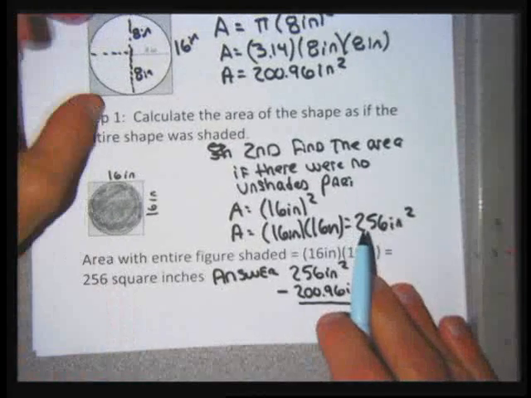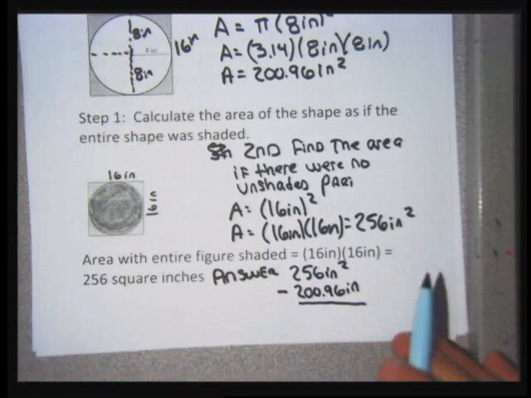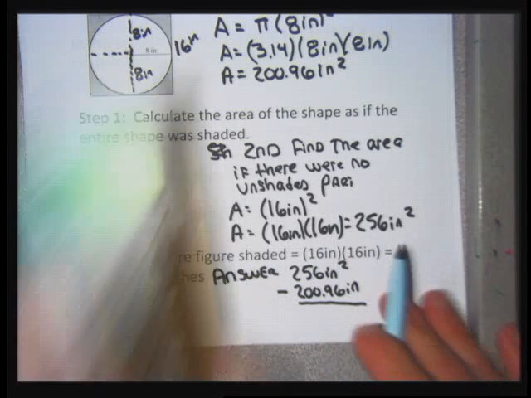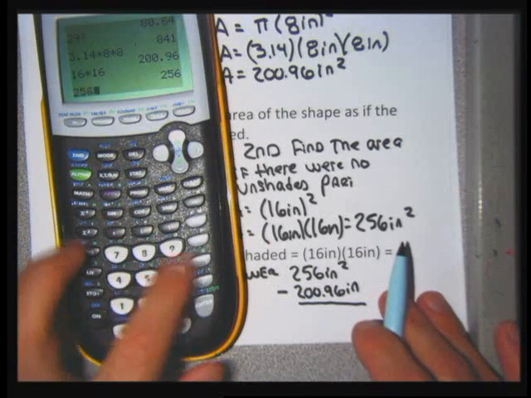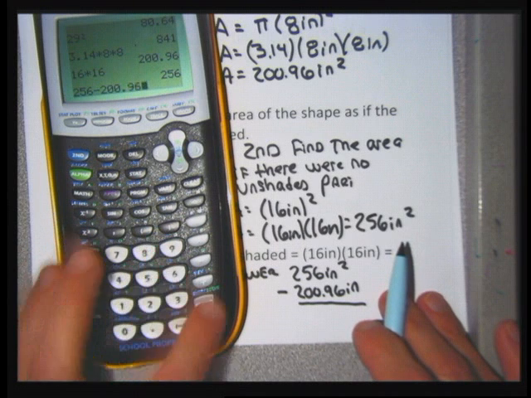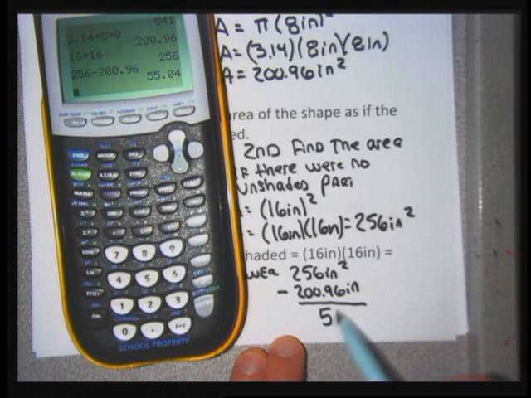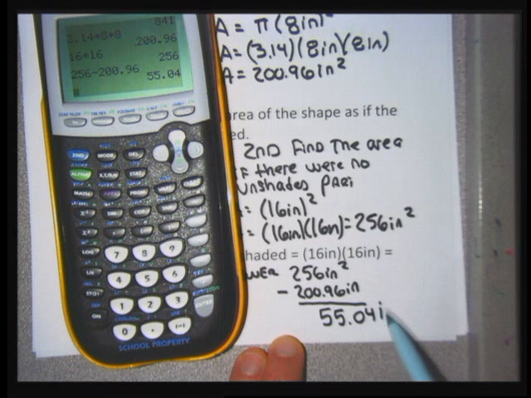So basically I'm taking the entire area and subtracting out the unshaded area, and that will give me the area that's shaded. So 256 minus 200.96, and when you subtract, the units don't change. So the answer to this, the shaded region in the given graph, is 54.04 inches squared.